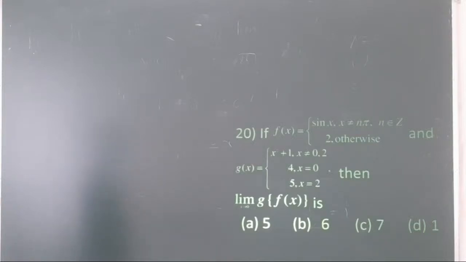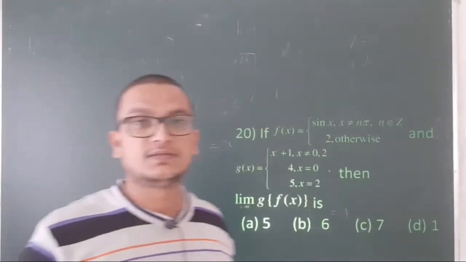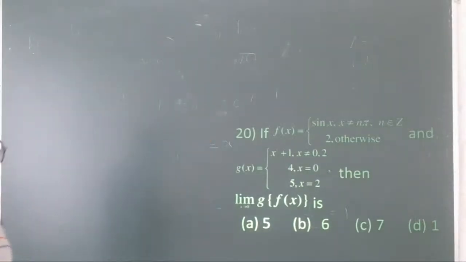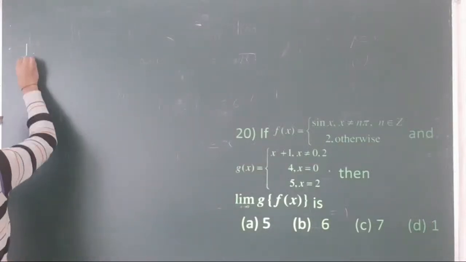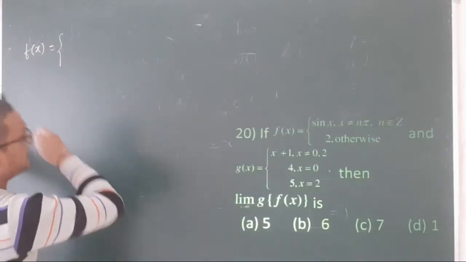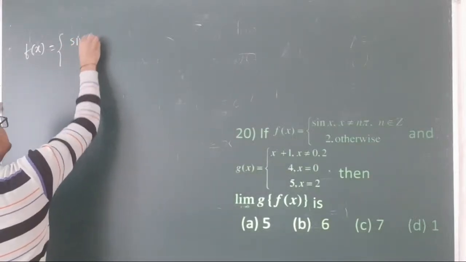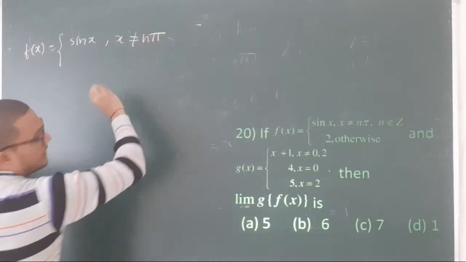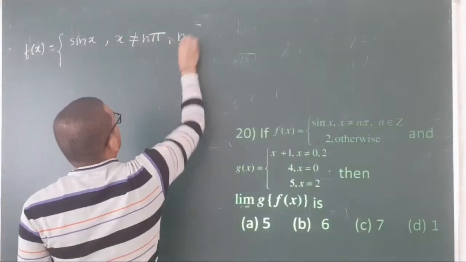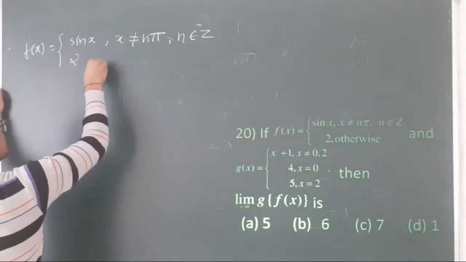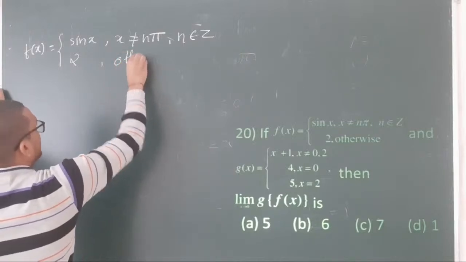Okay, see the next question. So the next question I'll write: f of x is equal to sin x, where x is not equal to n pi, where n belongs to the set of integers, and f of x is 2 otherwise.